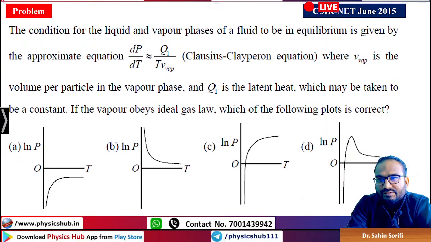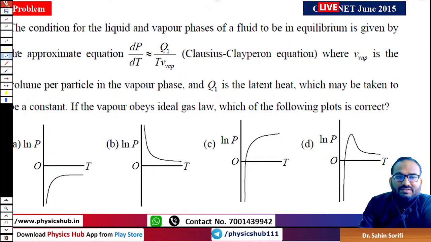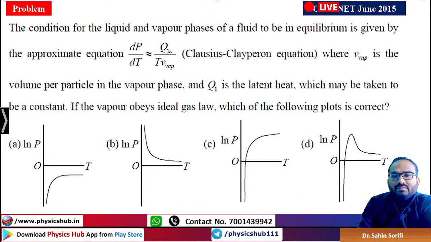This came in June 2015. The condition for the liquid vapor phase of a fluid to be in equilibrium is given by the approximate equation dP by dT is equal to QL by T V P. This is the Clausius-Clapeyron equation. So the equation is already given to you, the short form. But where is P?